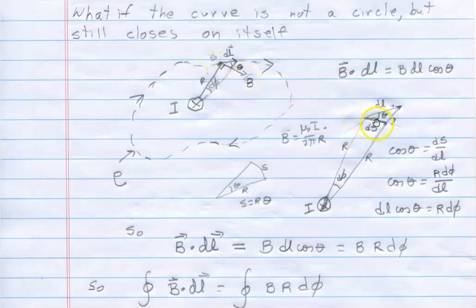So that would be the arc length, and I can get the cosine of theta, with this right angle being here, as the adjacent side over the hypotenuse of this little right triangle, and the adjacent side is ds, the arc length, and dl is the length along the curve up here. Well, the arc length, that's this length here.